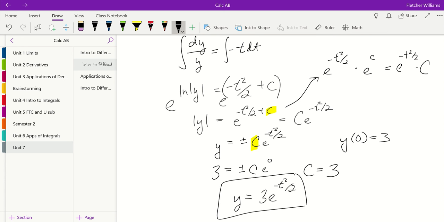Okay. So now, that's some of the basics of separation of variables. And like I said, that's the only real technique we're going to focus on for differential equations. But we will look at some applications, because you can do some pretty neat stuff with just that.